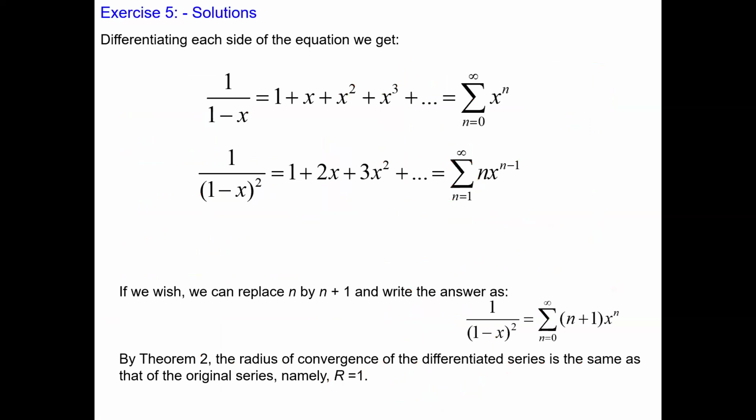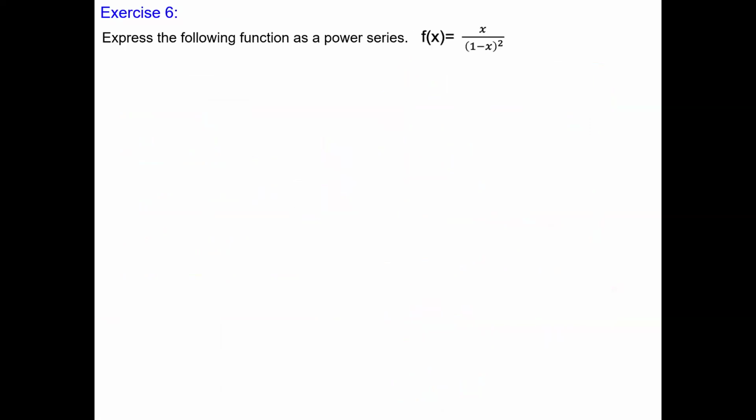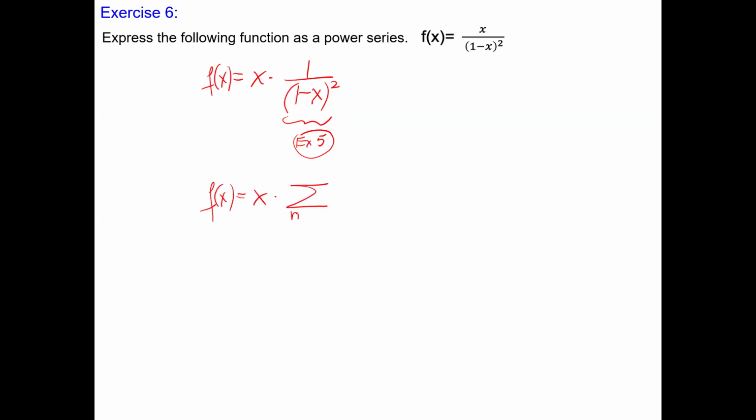Exercise number 6. Oh, this one is easy because you may notice it's x times 1 over (1 minus x) to the power of 2. And this is exercise number 5. I really recommend that you pause the video and try to do it again on your own. Okay, x, and I will just copy.